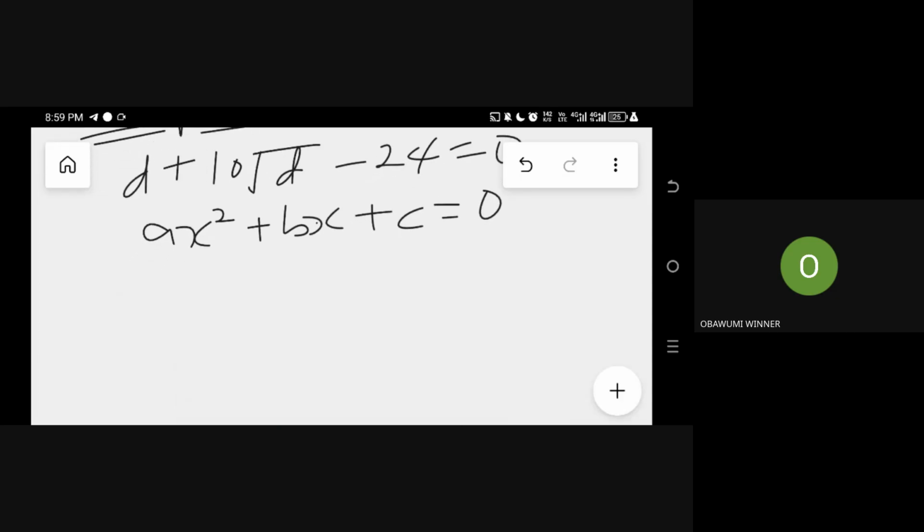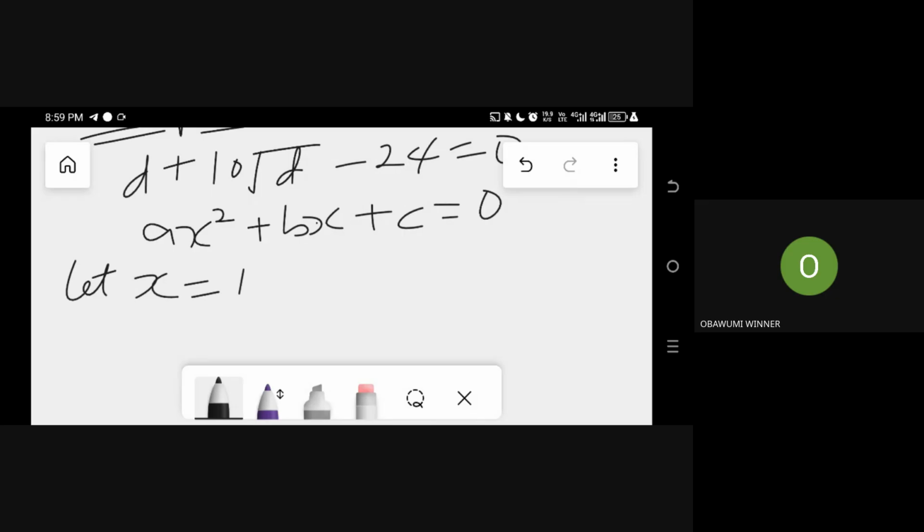So we can say let S be equal to the square root of D. So if S is equal to the square root of D, then S squared is equal to D. That's when you reverse it.